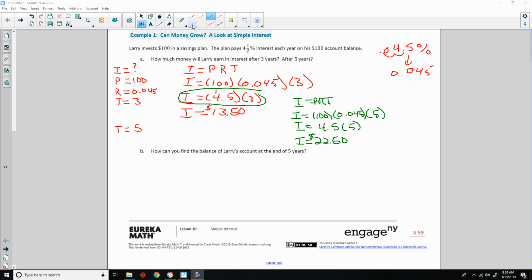Part B says, how can you find the balance of Larry's account at the end of 5 years? Well, the balance would be the initial amount plus the interest he earned. Can't use I again though.